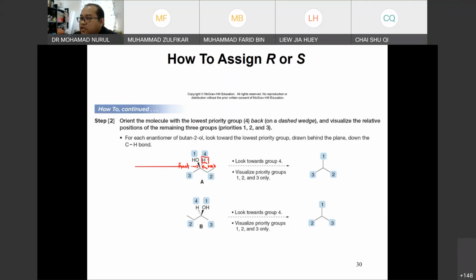We ignore number 4 because we already put it at the back. For the enantiomers of 2-butanol, look toward the priority groups and draw behind the plane. We can draw it like this, and similarly for the other enantiomer, which will present a different arrangement.